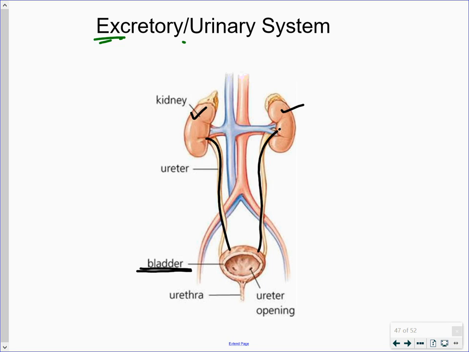Remember, we did come across another kind of bladder before. This one here is associated with the urinary system, and for that reason, it is referred to as the urinary bladder as opposed to that previous one that we saw with the digestive system, which of course was the gallbladder. In the bladder is where the urine is going to be stored until eventually it is excreted out of the body, passing out through a single tube that is referred to as the urethra.